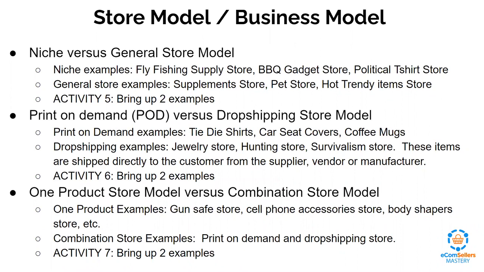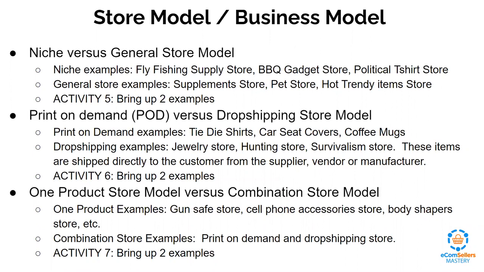You don't hold inventory, you're not making the shirt. So when a person orders, it automatically connects with the print on demand, and it orders the shirt for your customer and ships it to them. So print on demand is one type of store model.